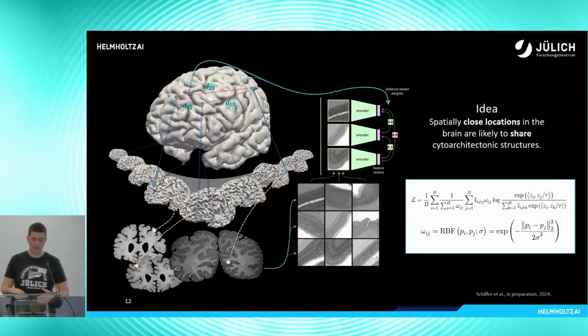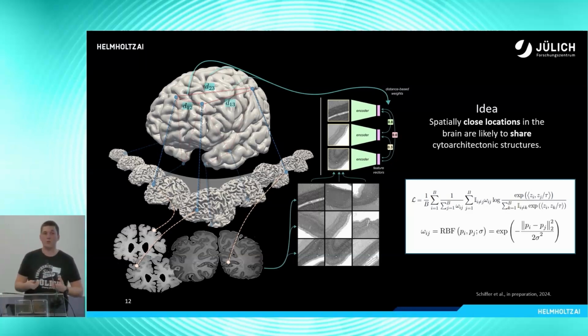So what we do is we take, in this case, microscopic data from 9 brains with about 1 million of these patches. We train the model, which takes quite a bit of compute, and we end up with a data set of feature vectors which encode something about the cytoarchitecture.